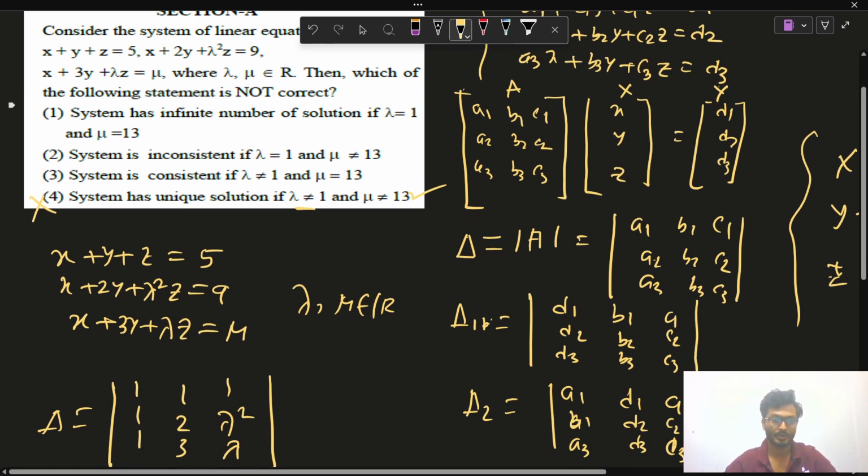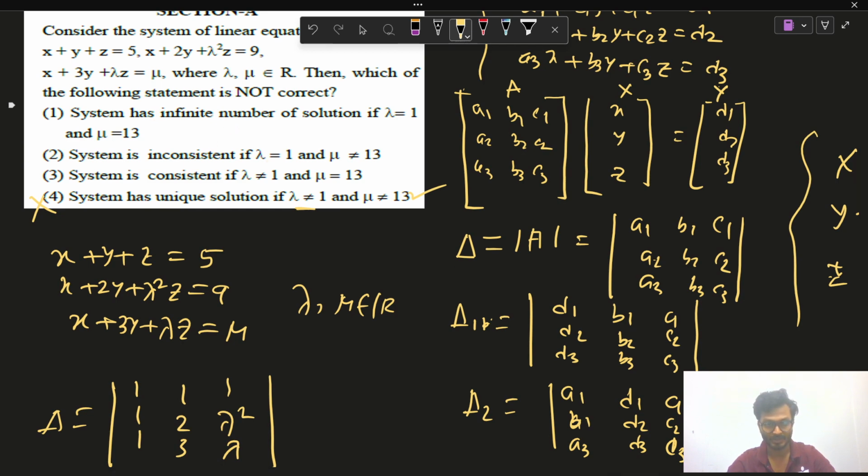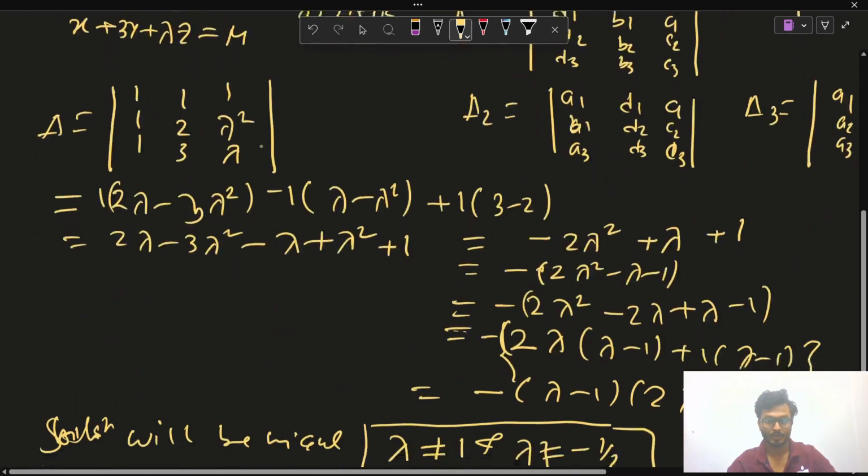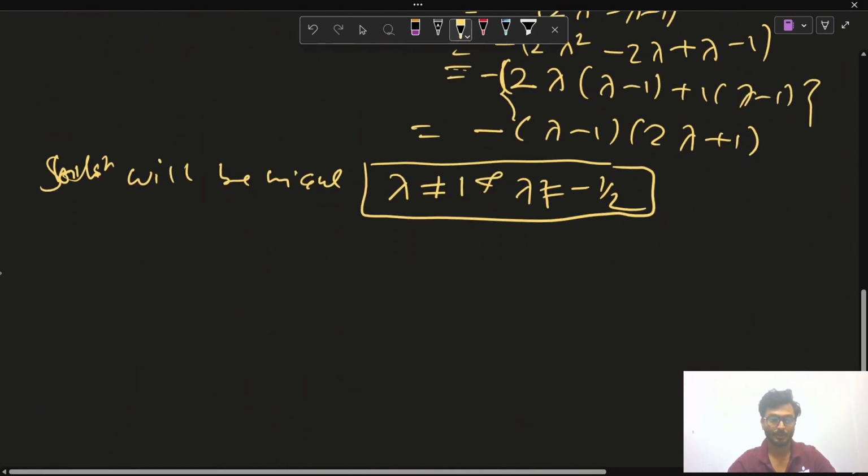Let us look at these two options. For the first and second options, it is given that lambda equals 1. So let us put lambda equals 1.